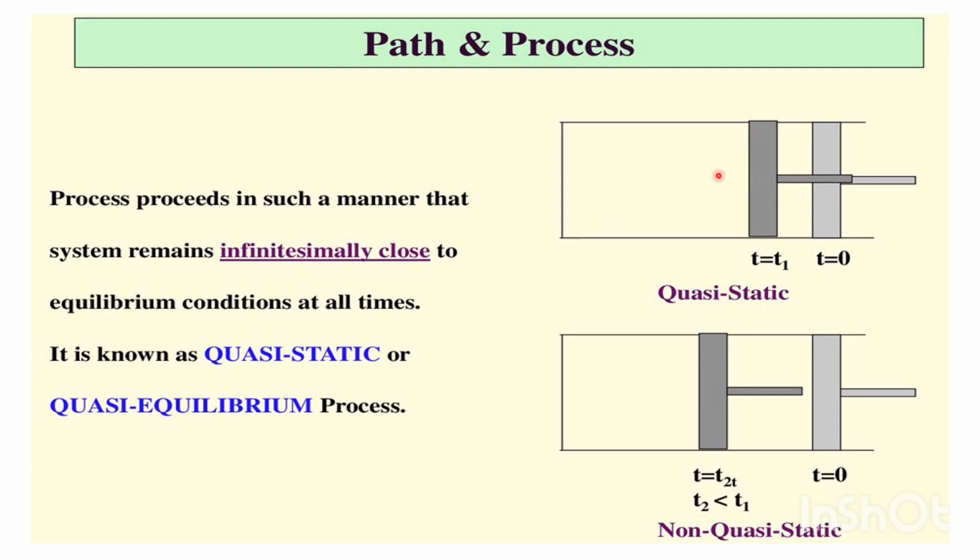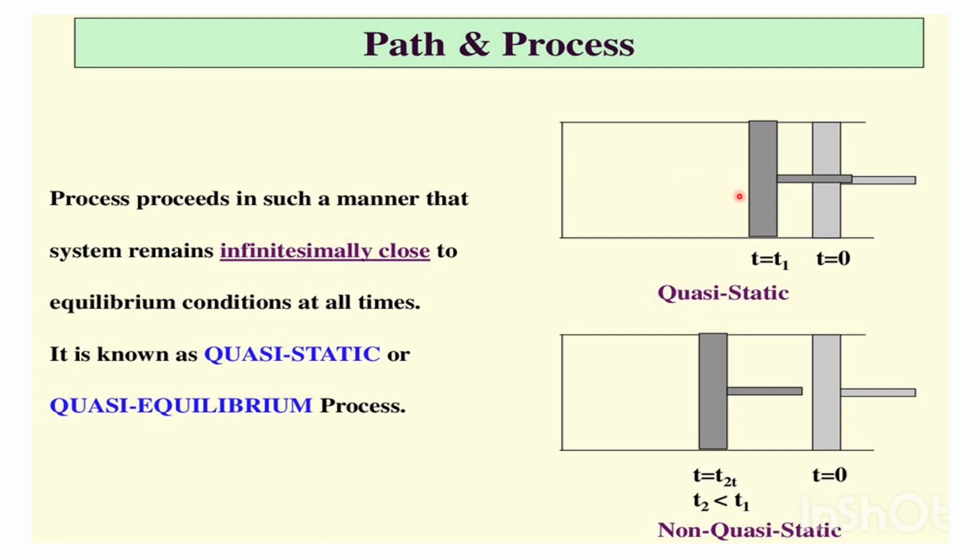When it is compressed suddenly, the molecules pile up in a small region in front of the piston, thus creating a very high pressure near the face of the piston rather than on the other side of the cylinder. So here pressure will be very less, and here the pressure will be more.